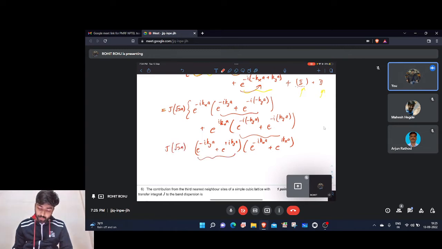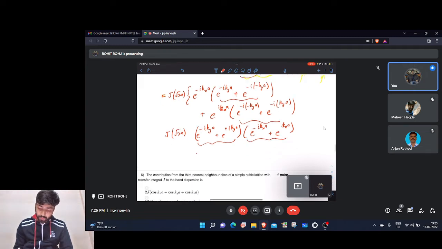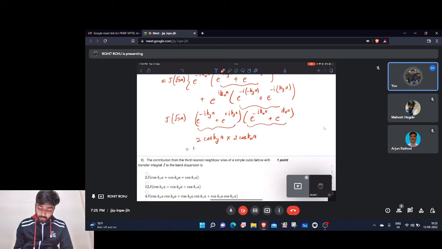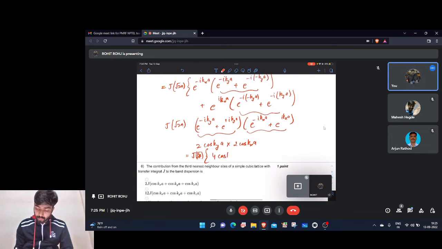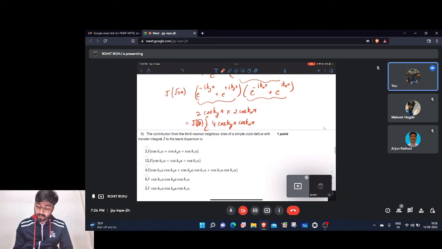So this term divided by 2 and this term divided by 2 gives cos theta, so it becomes 2 cos ky a multiplied by 2 cos kx a, which simplifies to J root 2a in the front, and the first 4 terms simplify to 4 cos ky a cos kx a. And similarly, the second set and the third set I can write here as 4 cos ky a cos kz a plus 4 cos kz a cos kx a.